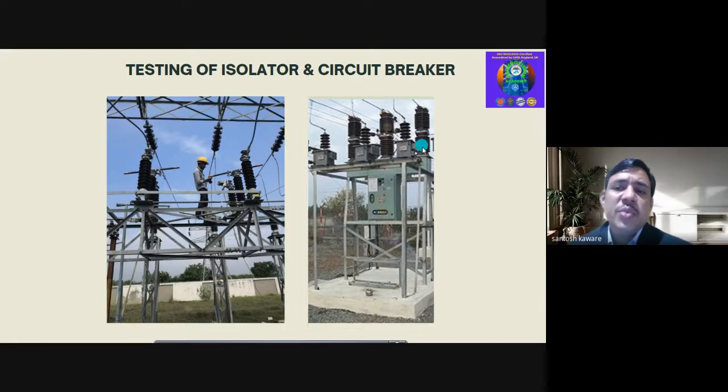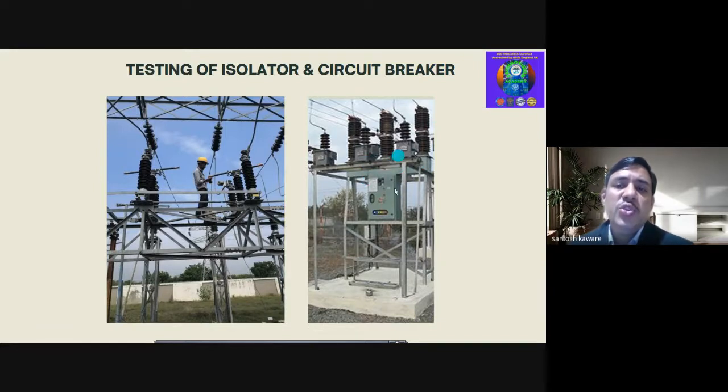Sometimes auxiliary equipment also, sometimes a CT or PT gets burst. Because of that, the insulation, that is a disc, whatever gets thrown, damages the porcelain insulator of the breaker also. So any auxiliary or supporting equipment can affect our main equipment also.